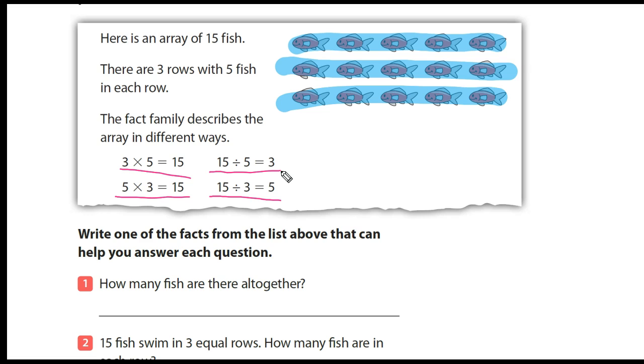No? Are we using the same 3 numbers? We're using a 3, a 5, and a 15. It sounds like a broken record, but, you know, you get the point.